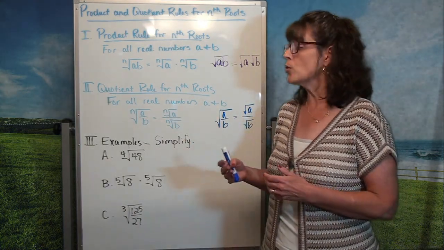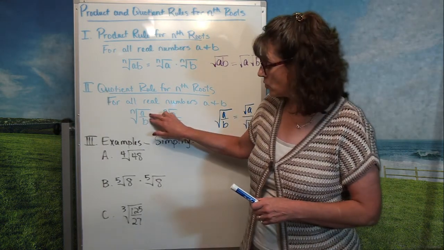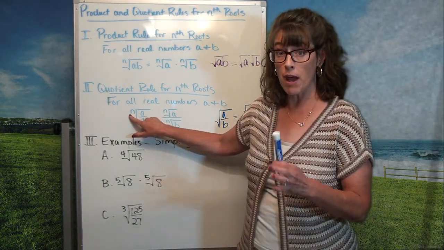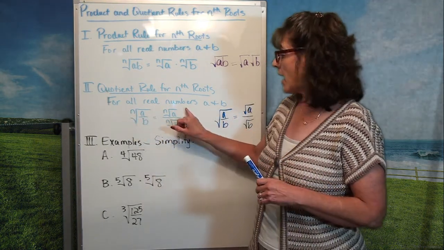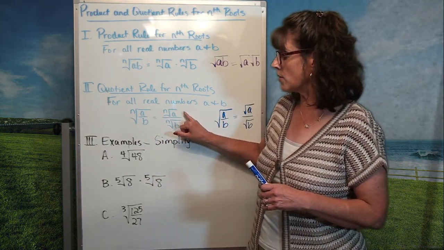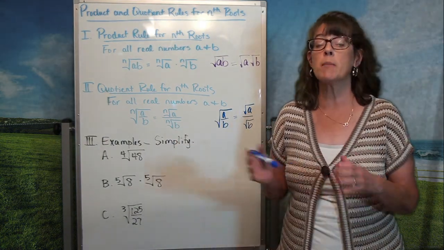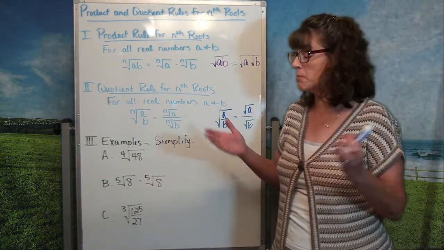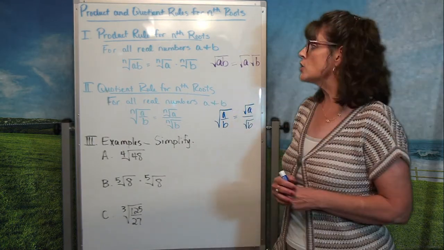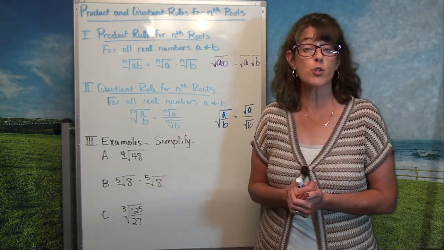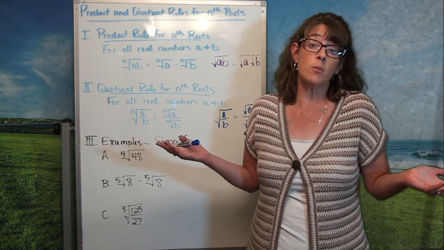So the quotient rule for nth roots says I can do the division, then take the nth root of that result, or I can take the nth root of the numerator, nth root of the denominator, and then divide the results of those. I'm going to get the same thing either way, again, because of the pan balance idea. So like I said, very similar to product rules and quotient rules that you already know. We're just dealing with nth roots.